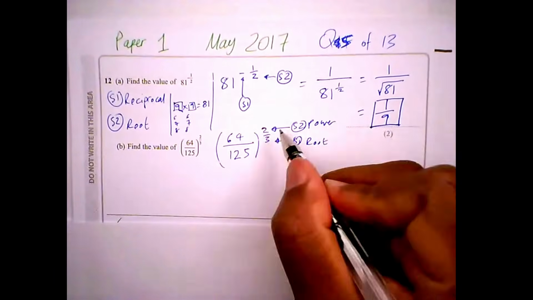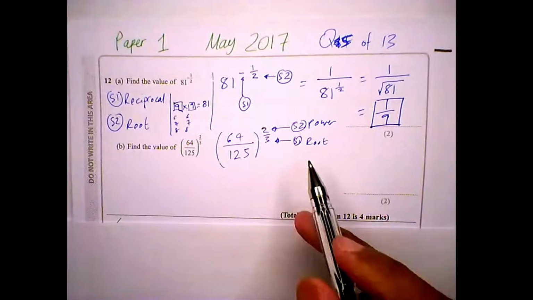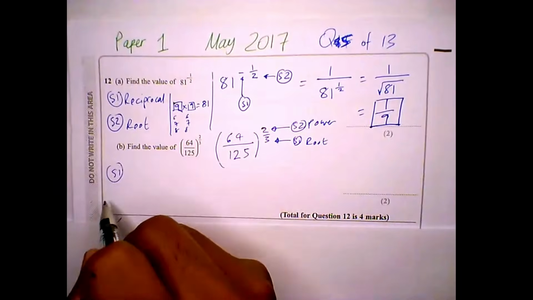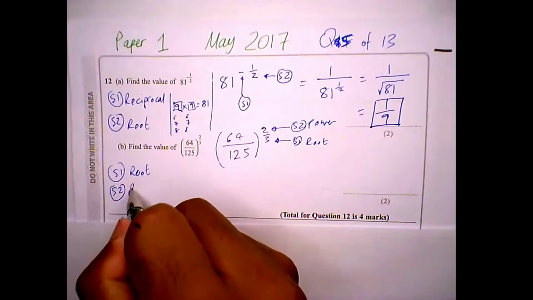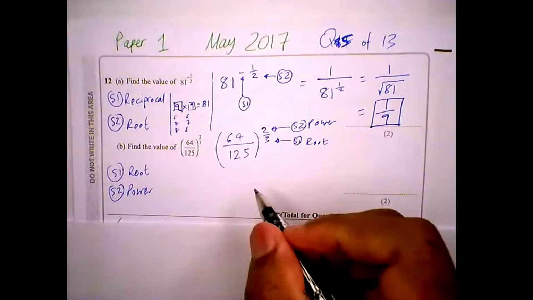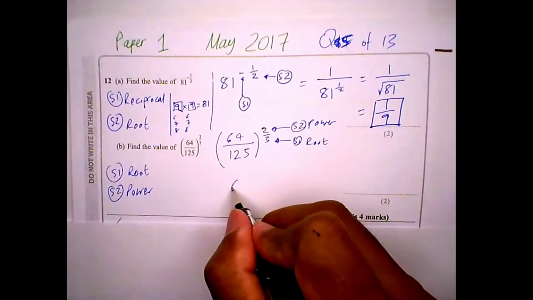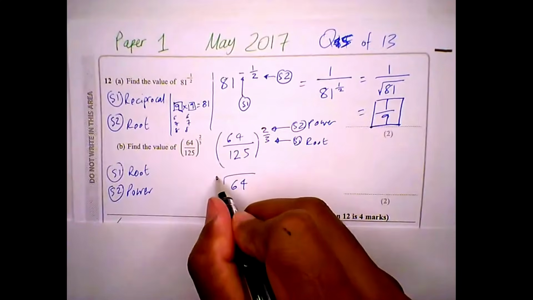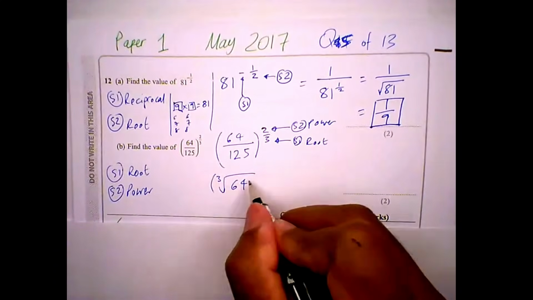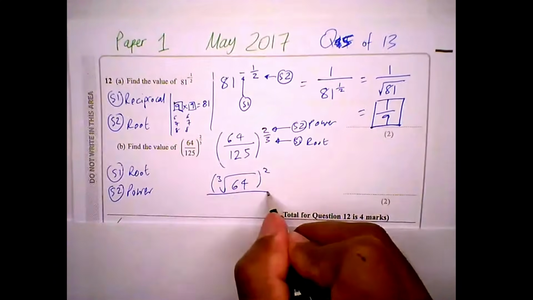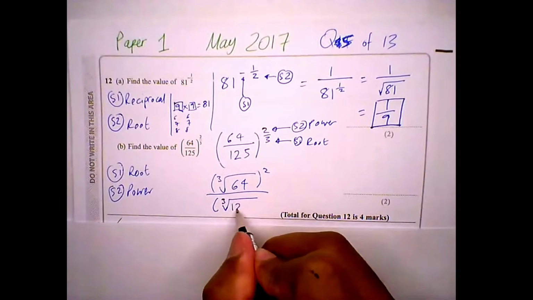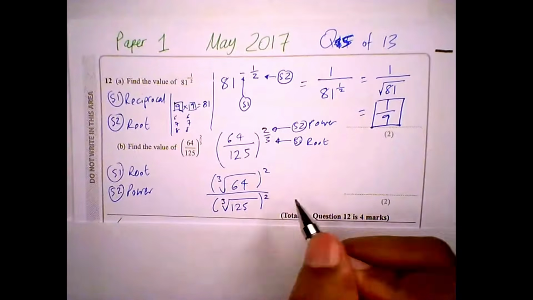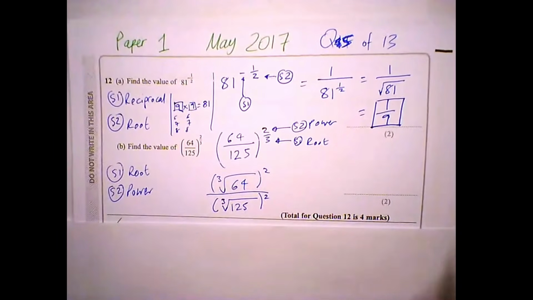And again, we've worked with 2 before, so we can speed it up a little bit. Step 1 is root, and step 2 is power. So I can do the cube root of 64, and I raise it to the power 2, and I do the cube root of 125, and I raise it to the power 2.